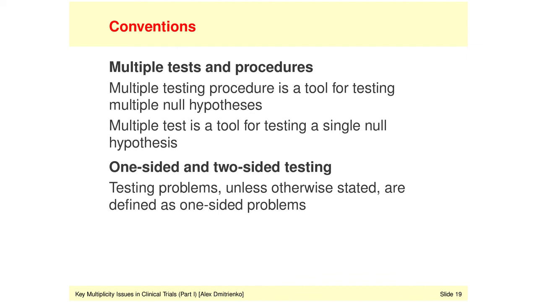And the second point I would like to make here is that when we talk about the differences between one-sided and two-sided testing, all testing problems, all multiplicity problems within this course will be defined as one-sided problems. All significance levels will be one-sided. For example, I will use a one-sided alpha of 0.025, or in other words, 2.5%, and all p-values will also be one-sided. I think it's a more natural formulation compared to two-sided tests.